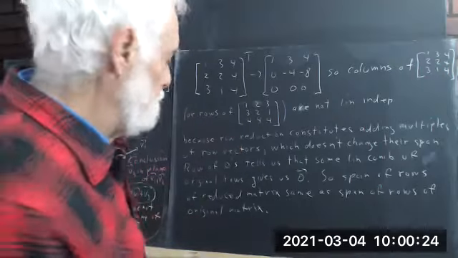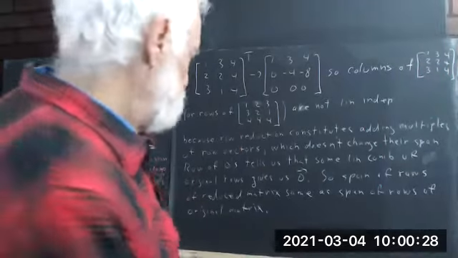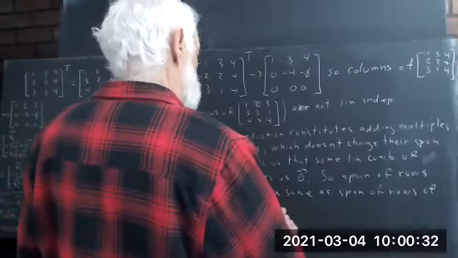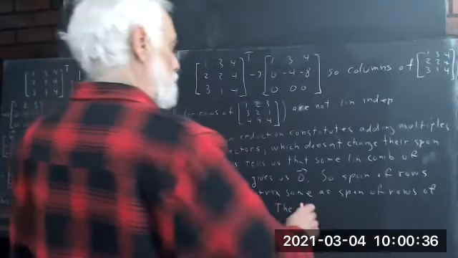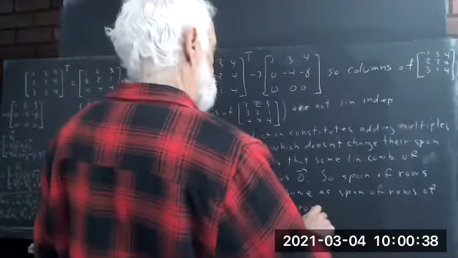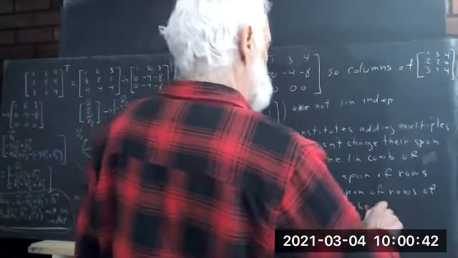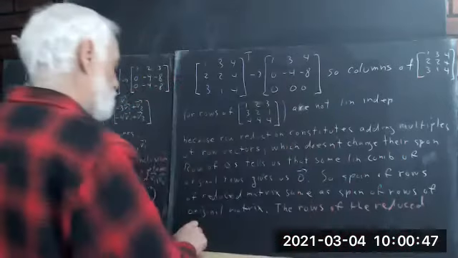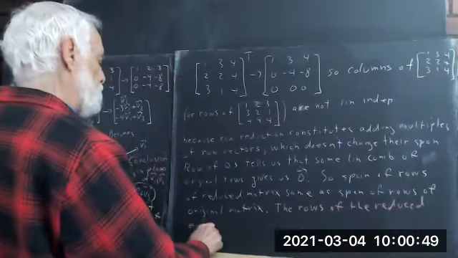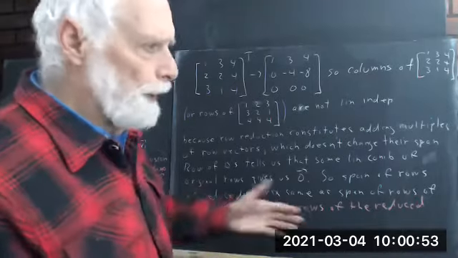It turns out then, and here's the big deal, the rows of the reduced echelon matrix, and you should understand what I mean by reduced echelon matrix.